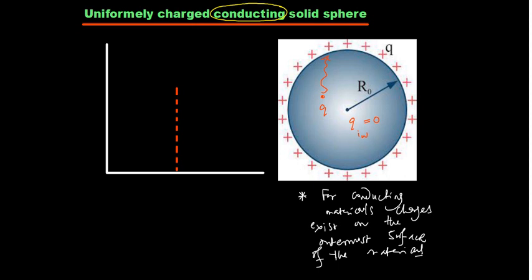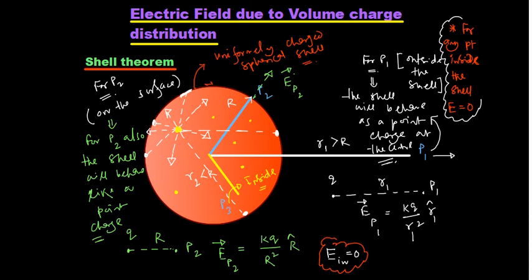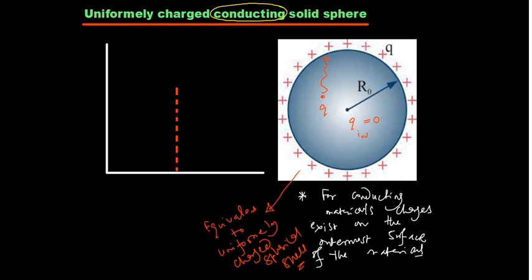So that means a solid conducting sphere is equivalent to a uniformly charged spherical shell, isn't it? It is similar. There is no doubt at all. Here the charges are lying on the outer boundary, as for the shell, so the similar thing will happen here. So basically what we have to remember: a uniformly charged conducting solid sphere is equivalent to a shell. Now that we have drawn the equivalence, quickly we will feed in the result.